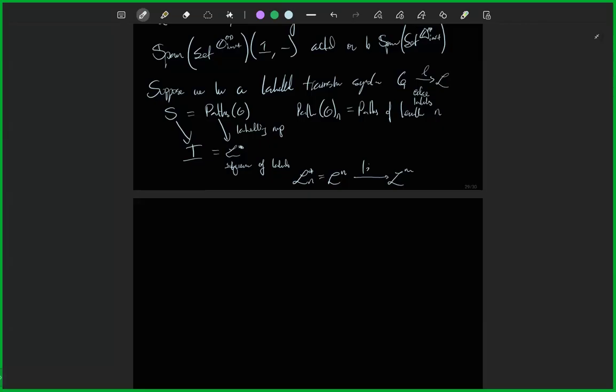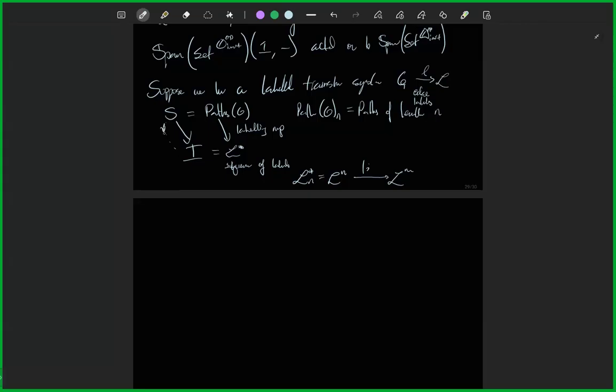Because what is the behavior of a labeled transition system? Well, you look at your label and you transition. So our interface here is the label that we're making the transition on, and the path sits over it. One thing I urge you to think about is that this depends on an element here.